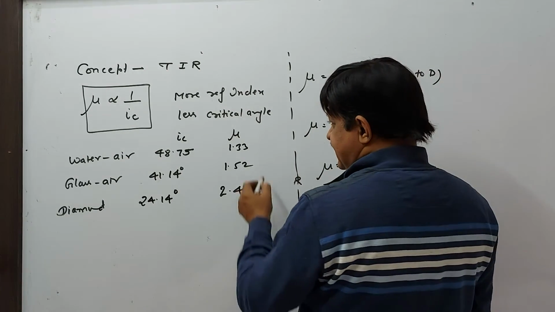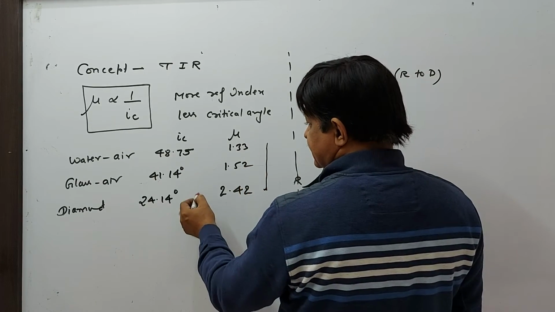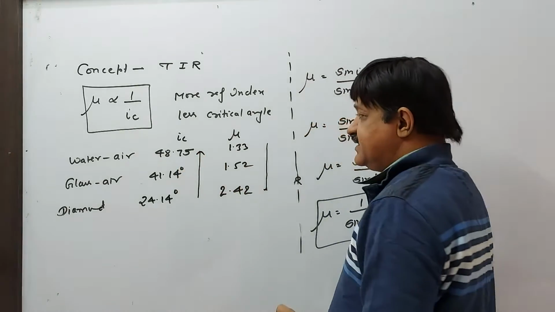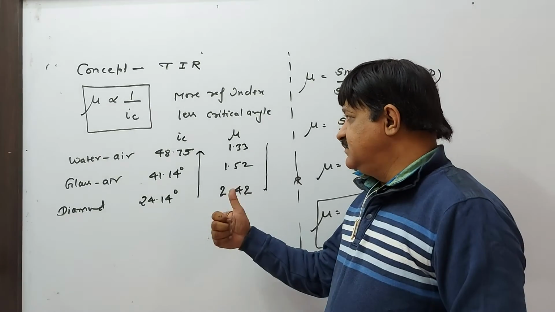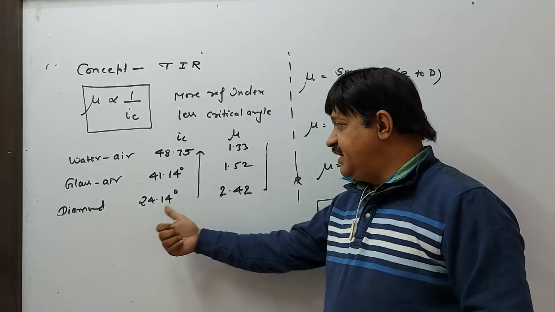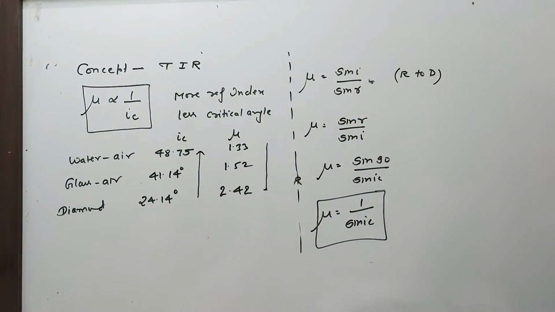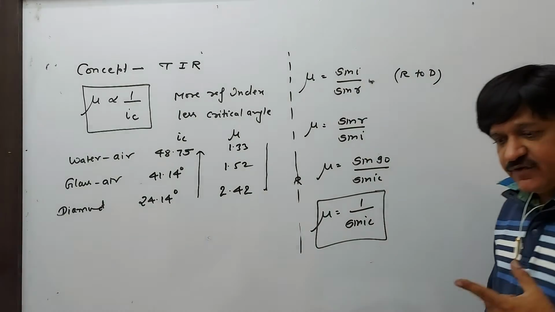You can clearly see, the more the refractive index, the less the critical angle. The maximum refractive index is for diamond, so the minimum critical angle is for diamond. And that's why total internal reflection is very easy for diamond.